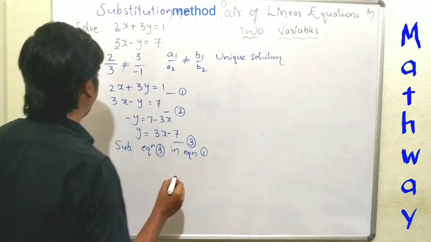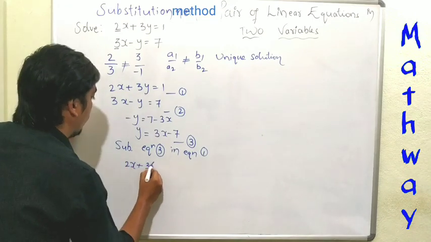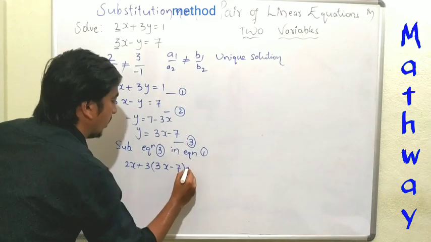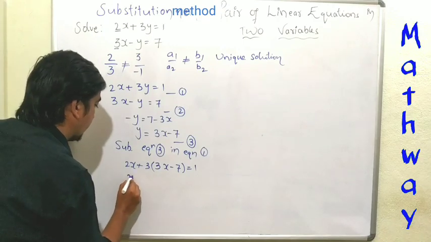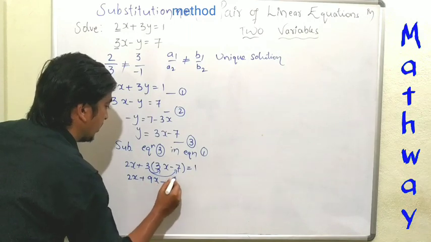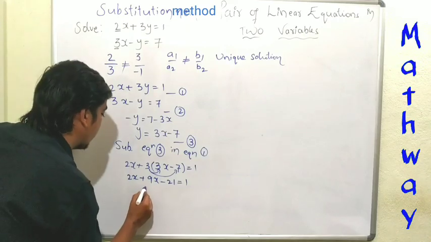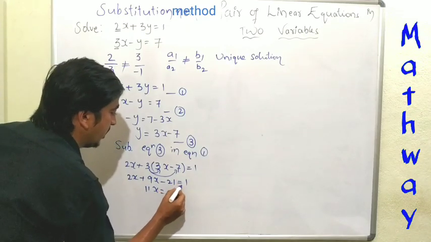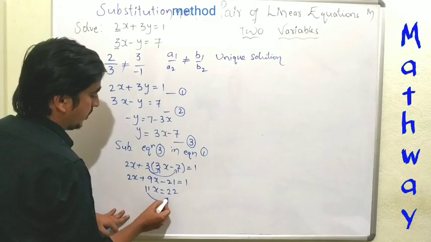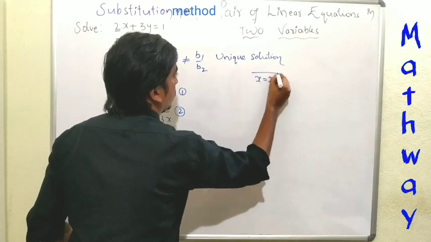We get 2x plus 3 of (3x minus 7) equals 1. Multiplying, 3 into 3x is 9x, 3 into 7 is 21, equals 1. 2x plus 9x is 11x equals, when you transpose, plus 21 plus 1, 22. So x equals 22 by 11. So the x value is 2.